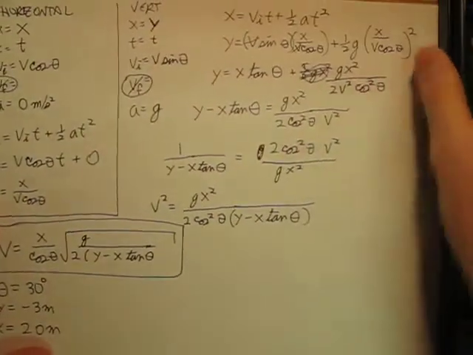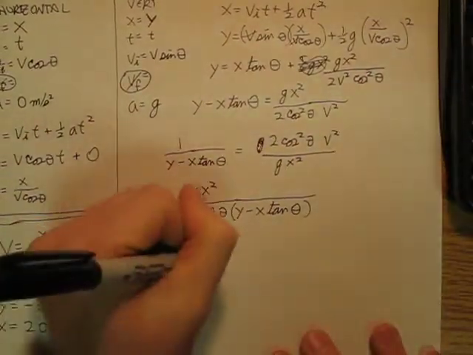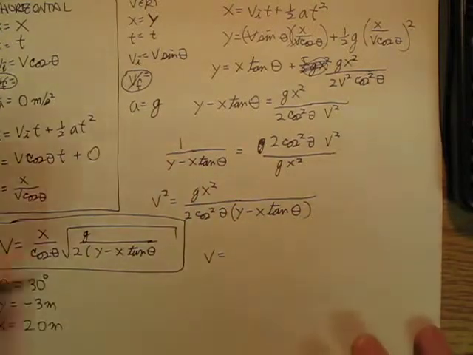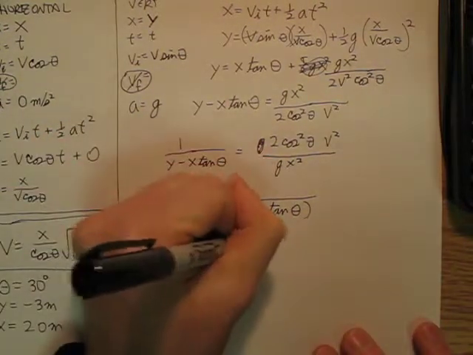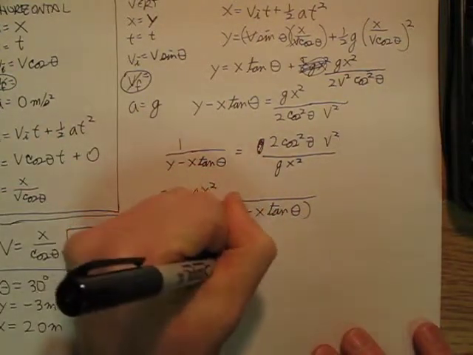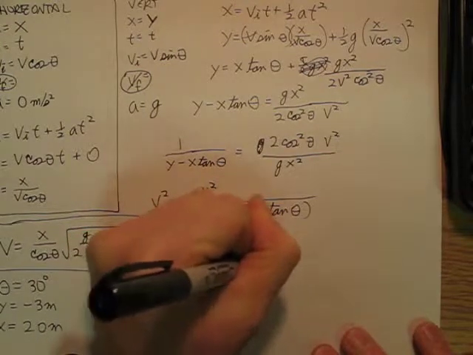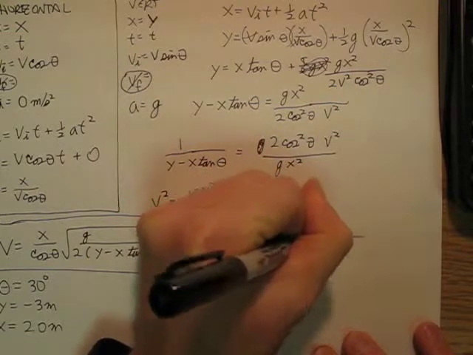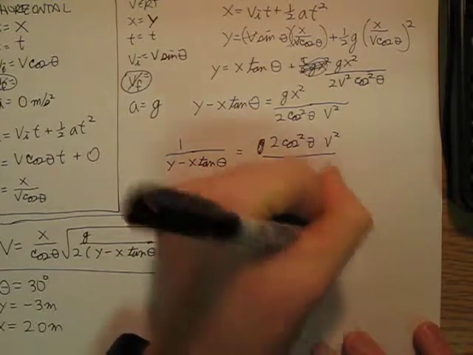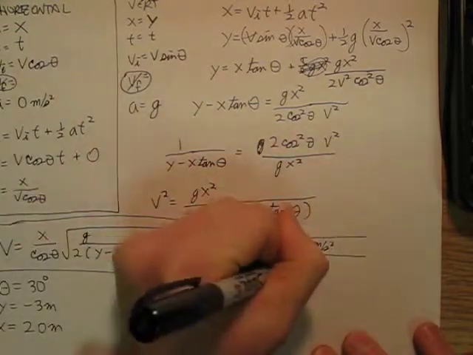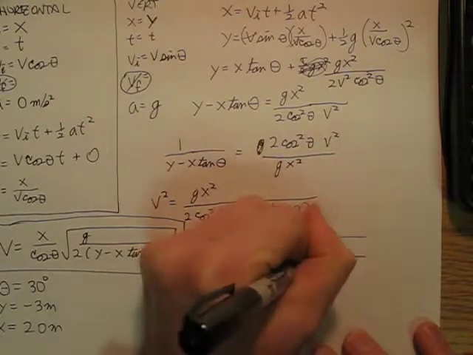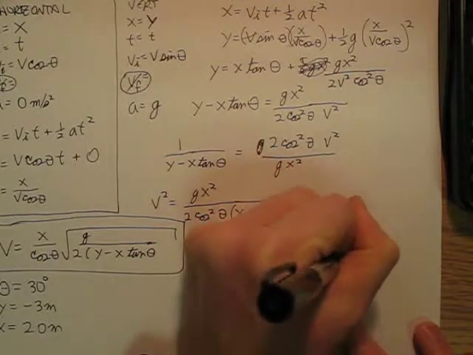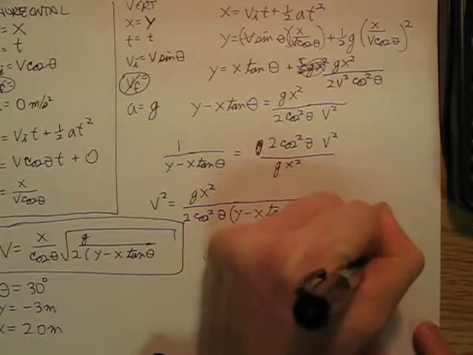So I'm going to have v equals 20 meters divided by cosine 30 degrees times the square root of 9.81 meters per second squared over 2 times -3 minus 20 tangent 30 degrees.